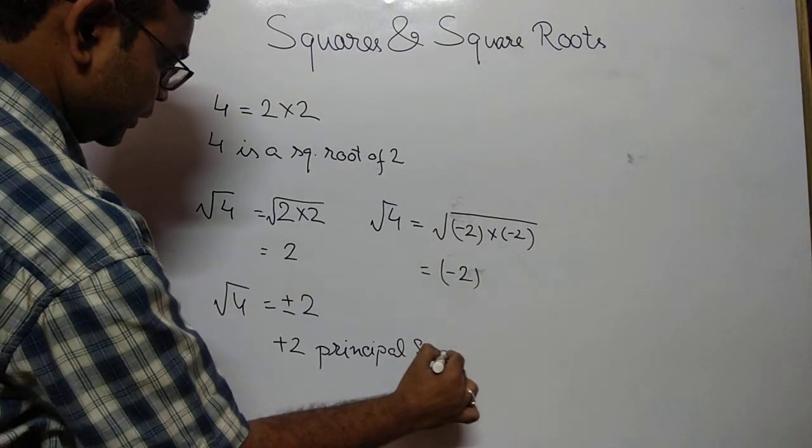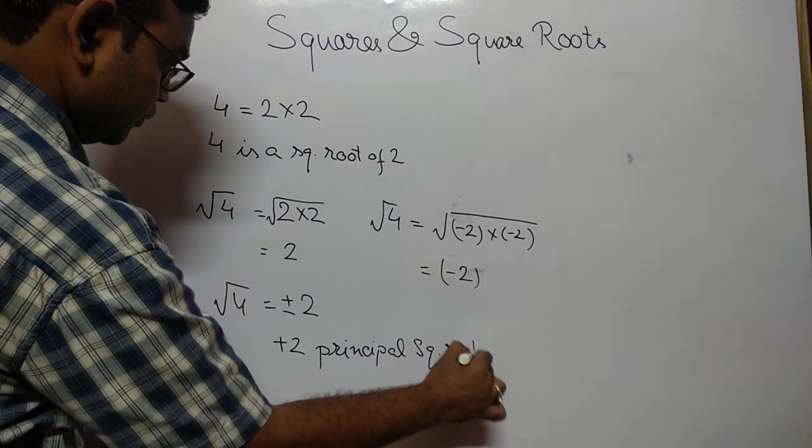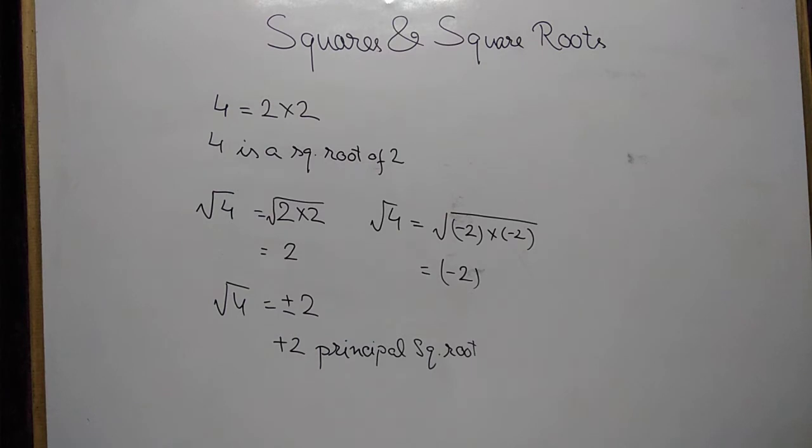Always remember this thing. That is why generally we take the plus number as the square root of the given perfect square number.